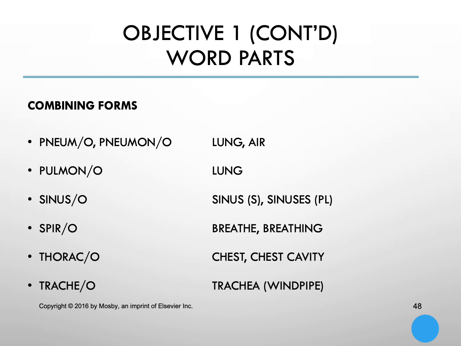We have pulmono, which can also be used as a combining form to mean lung. Sinuso, which is sinus, spiro, which is breathing, thoraco, which is the chest cavity, and tracheo, which is the trachea, or the windpipe in layman's terms.